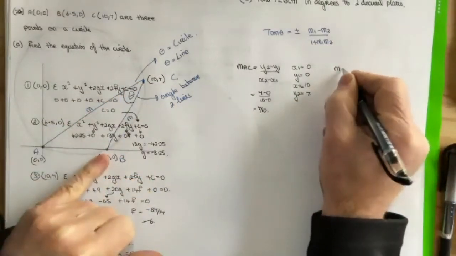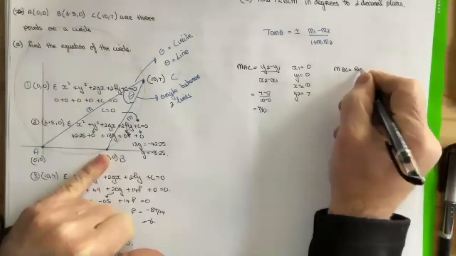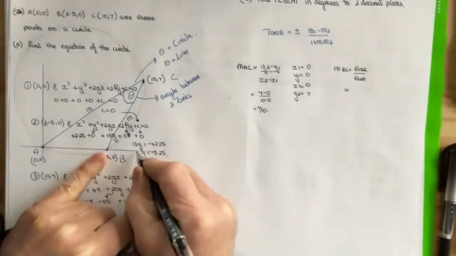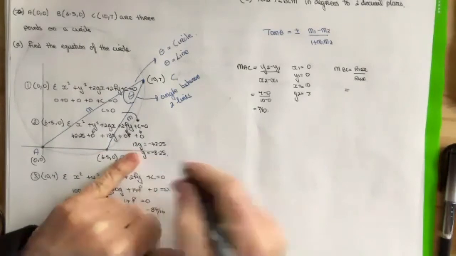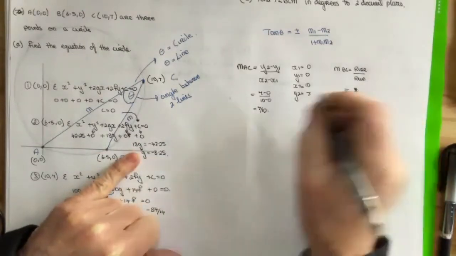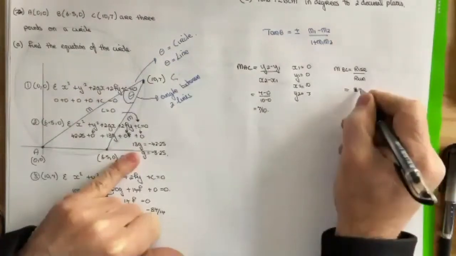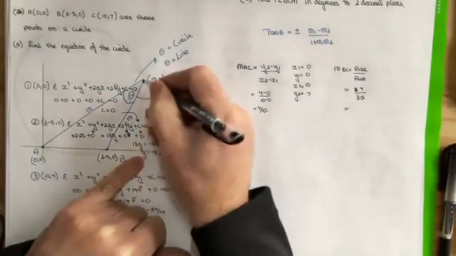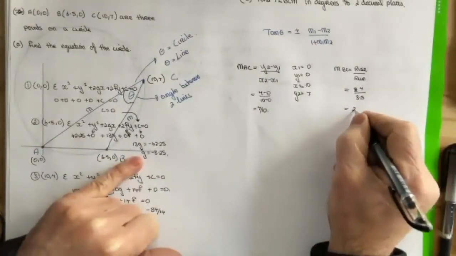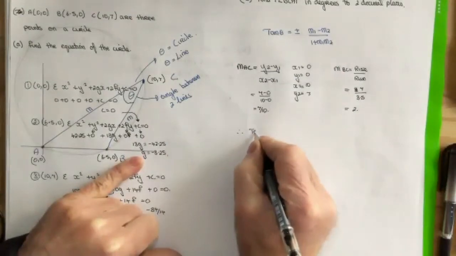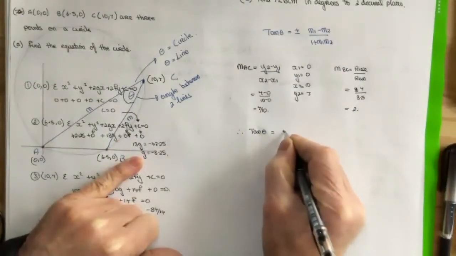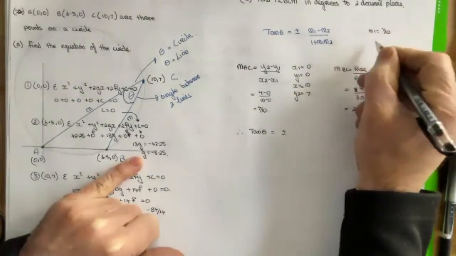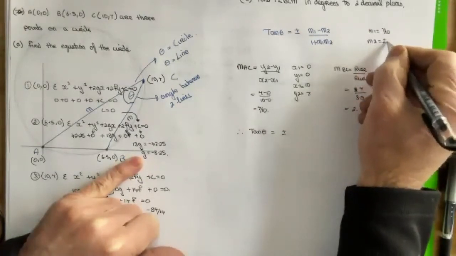The slope of the other line, BC, is equal to rise over run. The rise is 7. The run is 3.5, which is 2. So therefore tan theta is equal to plus or minus m1 minus m2 over 1 plus m1 m2, where m1 is 7/10 and m2 is 2.